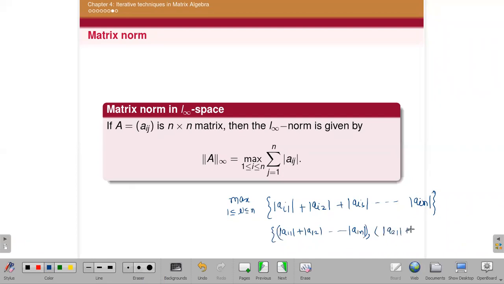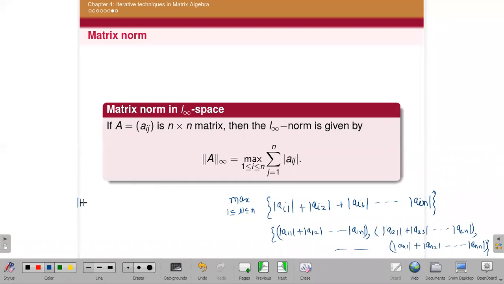Then A21, then you have to add the elements from the second row, A2N, and so on up to the last row. So this is your matrix norm, means that will give you one number that is a real number.